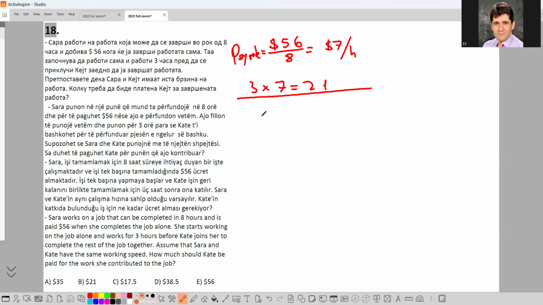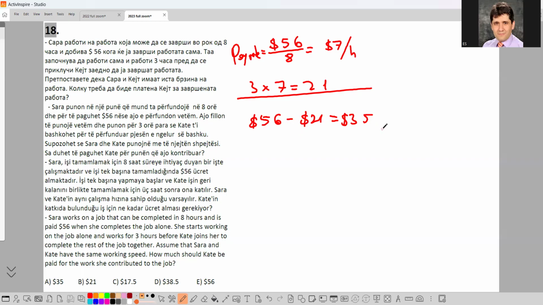Now, from the total, $56 minus $21, we get $35. Now, this is the amount that was worked after Kate joined.